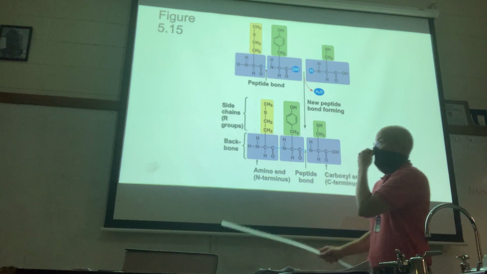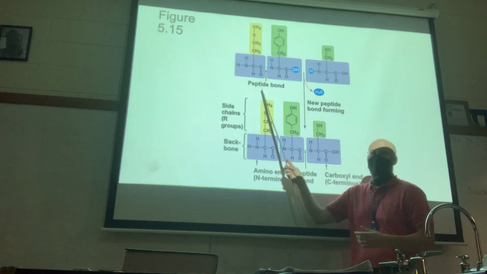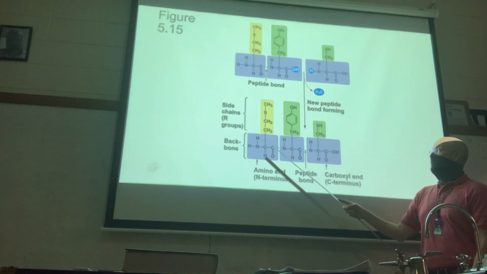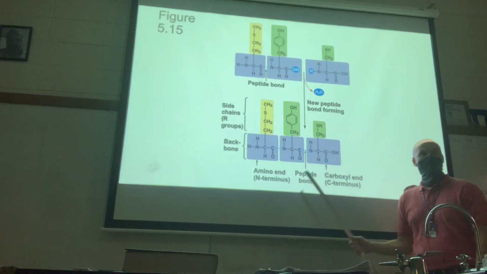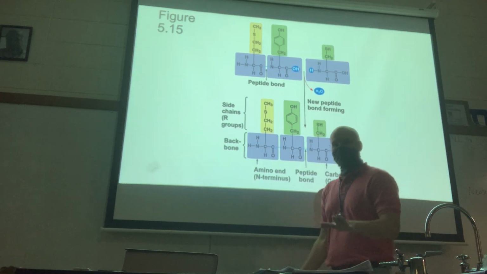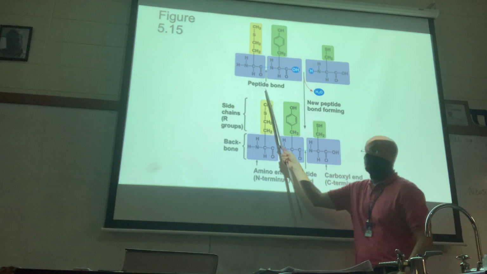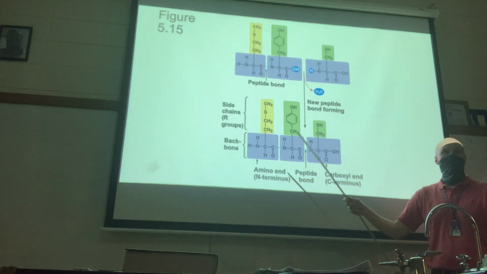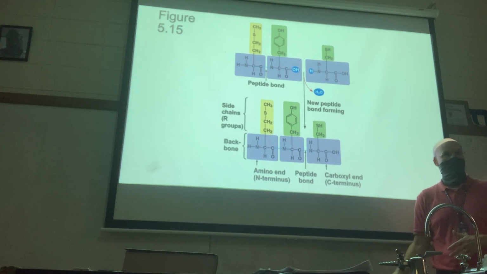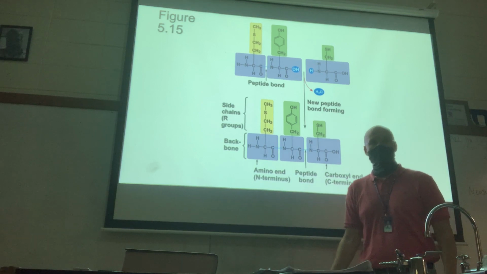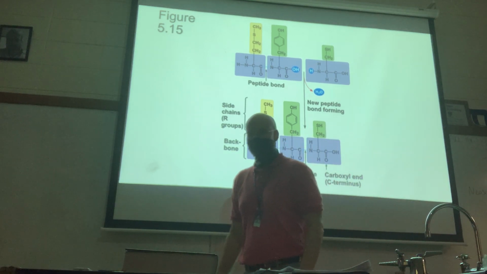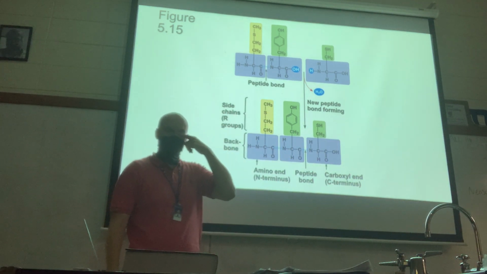Poly. And then we stick that in front of this term peptide. So we call it a polypeptide. You will see that term, polypeptide, and it just means many amino acids. I guess it was too weird to call it a polyamino acid. So they used the term polypeptide.